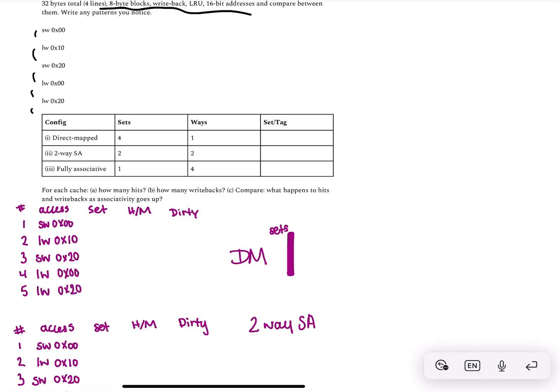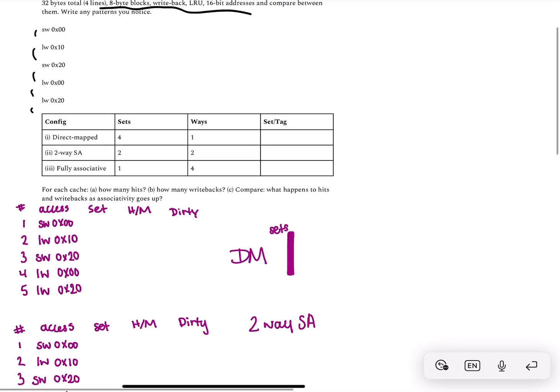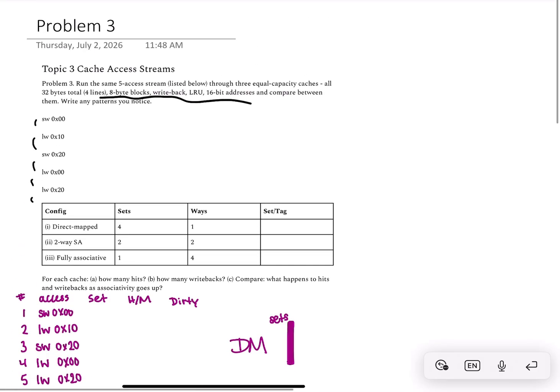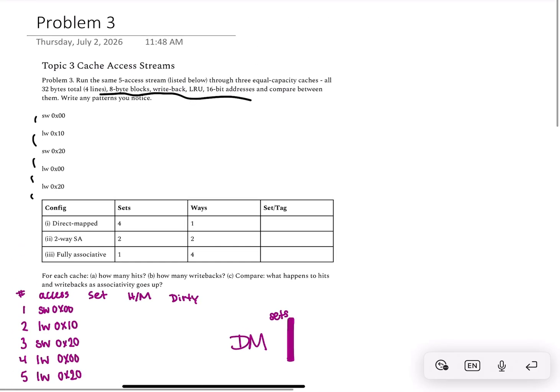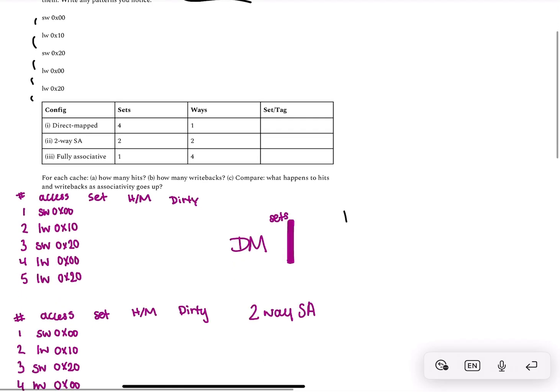So let's first start with the direct map cache, and we want to find out the offset bits first and then the index bits so that we can determine the set. Remember, offset bits is log base 2 of the block size, so log base 2 of 8 is 3 offset bits.